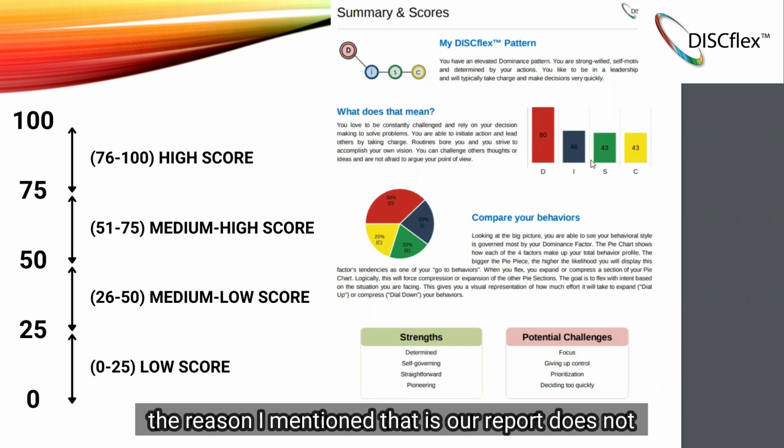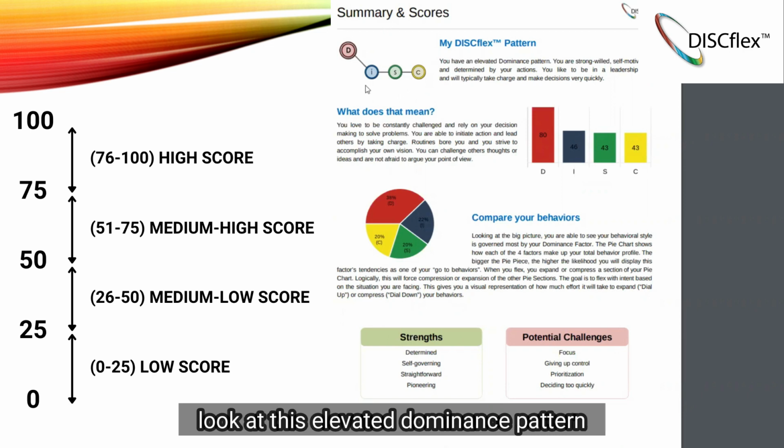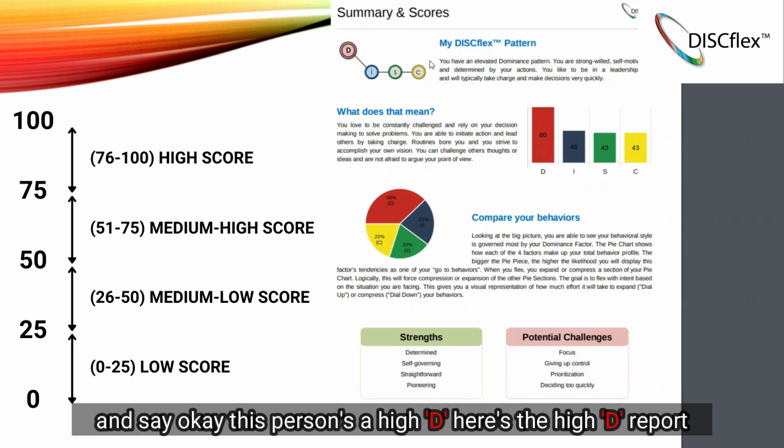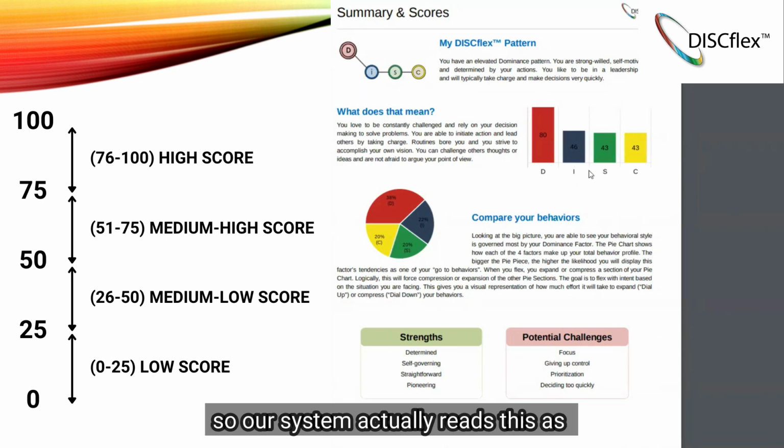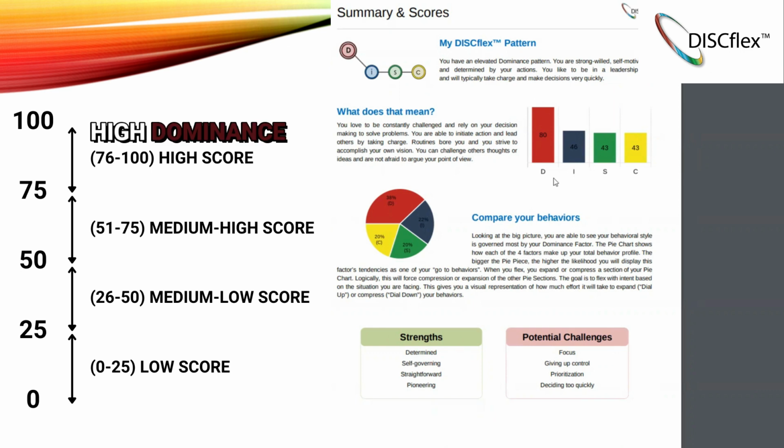The reason I mention that is our report does not look at this elevated dominance pattern and say, okay, this person's a high D, here's the high D report. Ours is very customized, very dialed in to each of these factors independently. So our system actually reads this as high dominance, mid-low influence, mid-low steadiness, mid-low compliance.